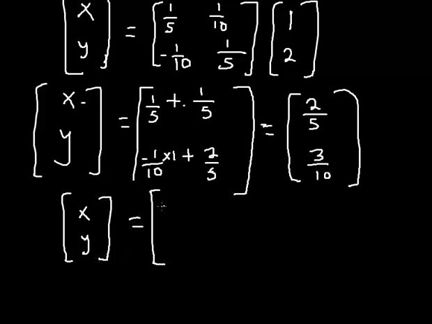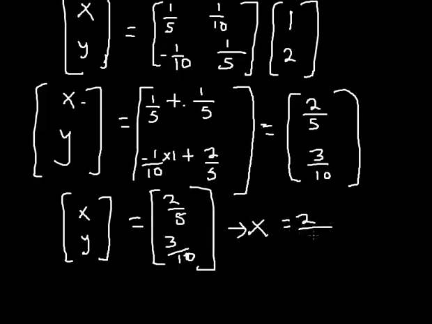So x, y equals 2 all over 5, then 3 all over 10. So that simply means that x is going to be equal to 2 all over 5. And of course, my y is going to be equal to 3 all over 10.